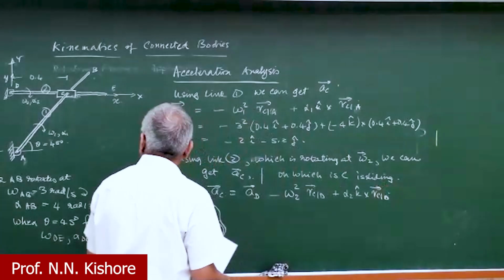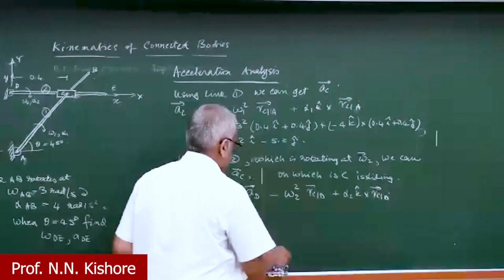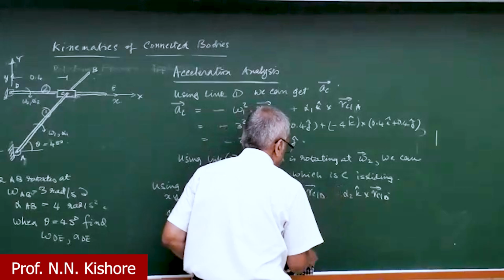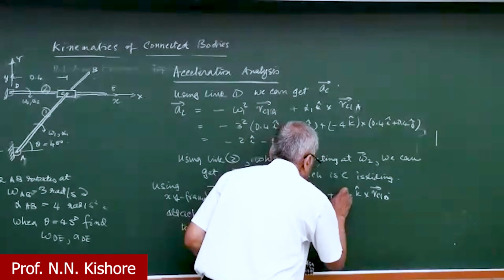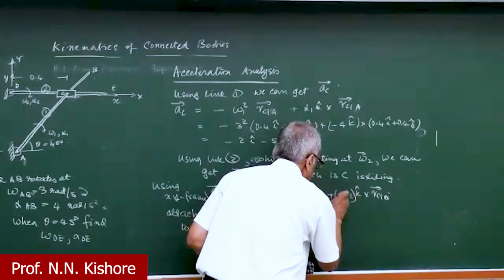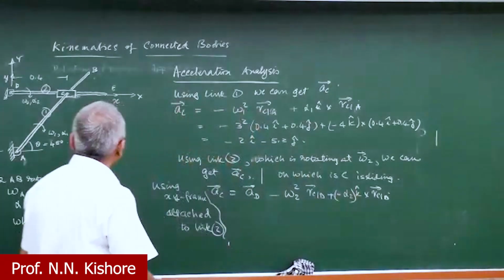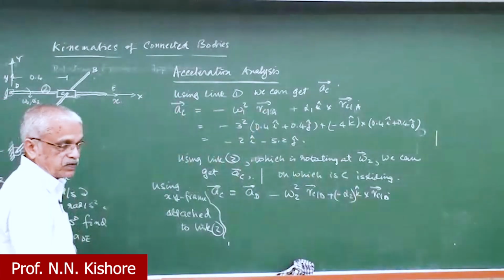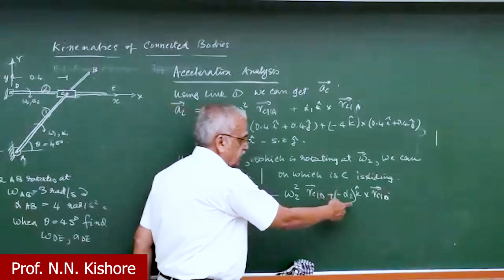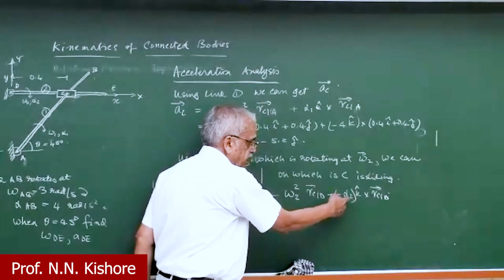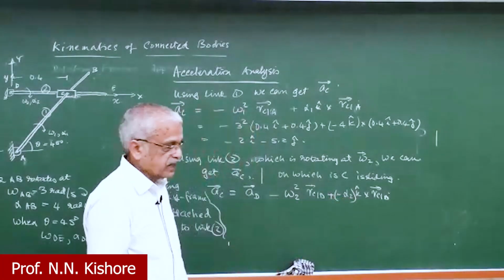So here, if you have assumed it to be clockwise, if you want, I can even put minus here. This is because we have shown it to be clockwise because of assumption. Otherwise, our formula is that it is just alpha K.